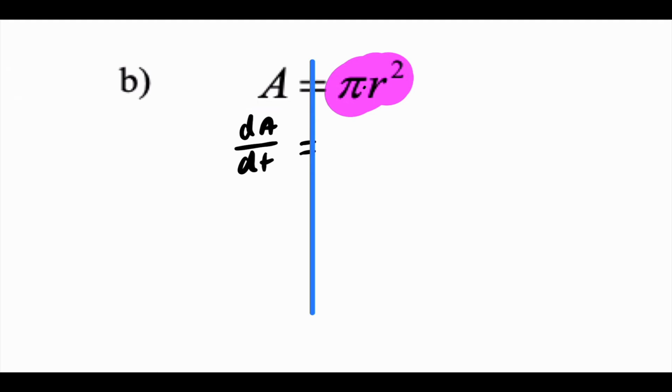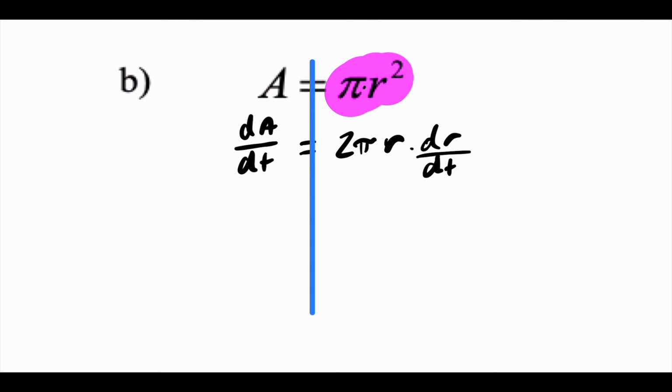So how would we find the derivative of this guy? It would be 2 pi r, take away a power, and then what would its tag be? dr dt, because the only thing we found the derivative of was radius, r, right?